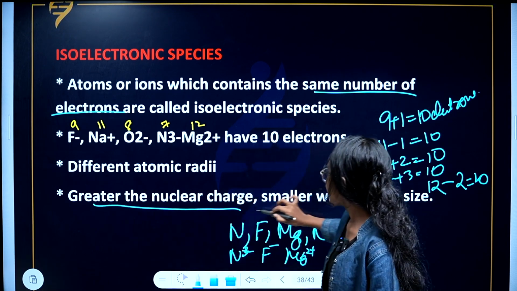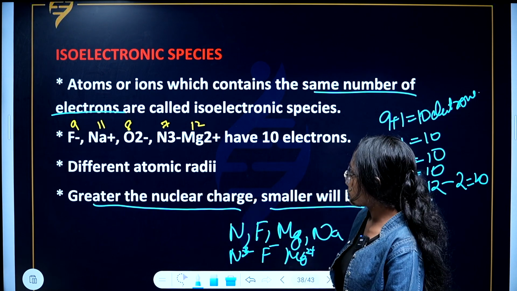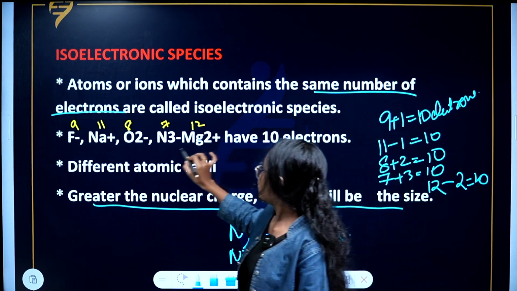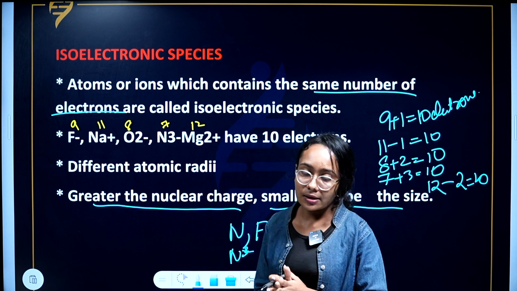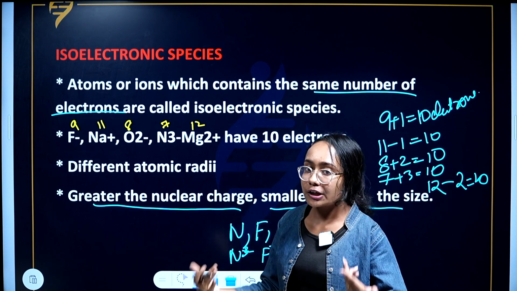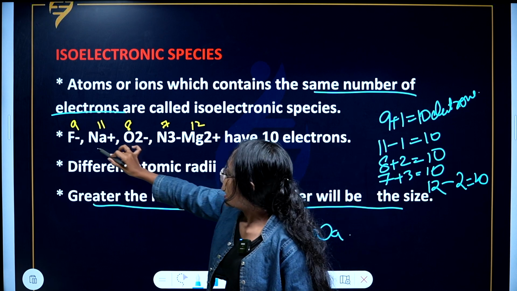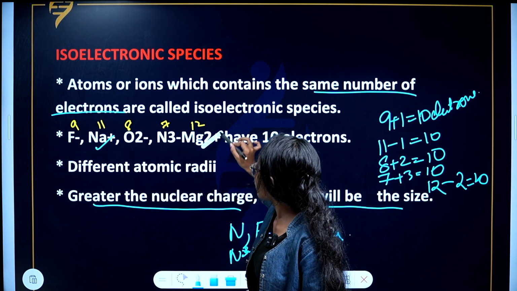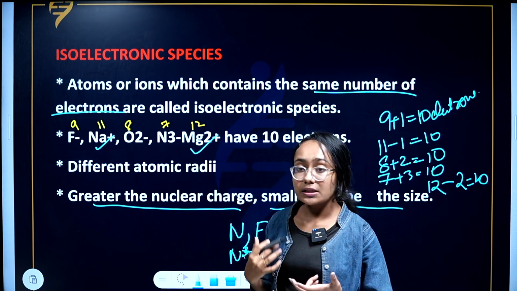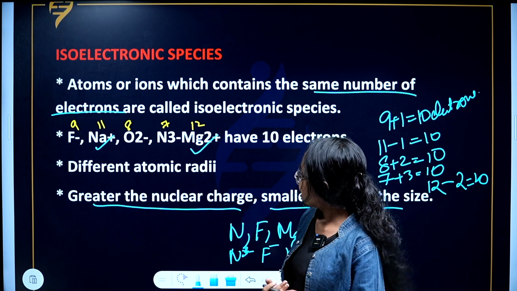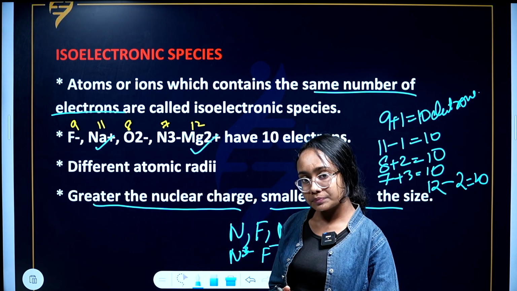Greater the nuclear charge, smaller will be the size. So in this case, which is having the smallest size? Obviously, cation is having smaller size. So we have 2 cations here, Na plus, Mg2 plus. Which is having smallest size, Na plus or Mg2 plus?